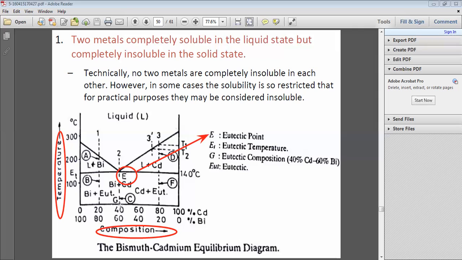This is the G point, and this is E1, the eutectic temperature. So this is the temperature line we are talking of. We will mark it ET, that is eutectic temperature.